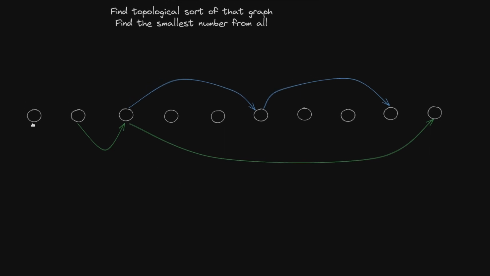Let's say we have 10 nodes, and for each of the triplets, the green colored path represents one triplet and the blue one the other. After you have added all of them, we arrive at some structured representation of the number, and we need to find the smallest number in this, which consists of all the nodes that are given.